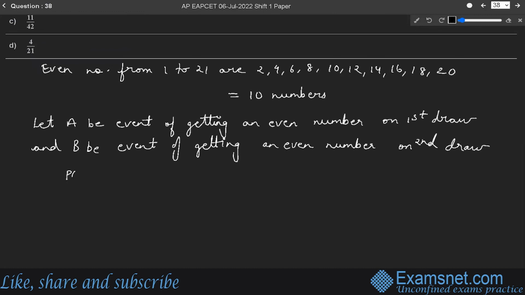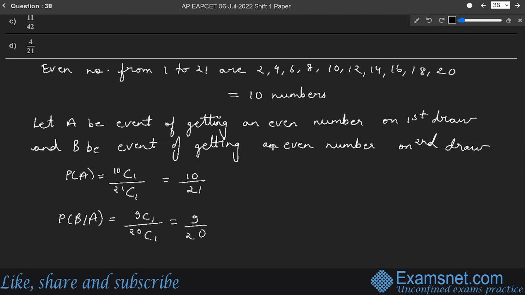Therefore, P(A) will be 10C1 upon 21C1, which is equal to 10/21. And P(B|A) will be 9C1 upon 20C1, which is equal to 9/20.